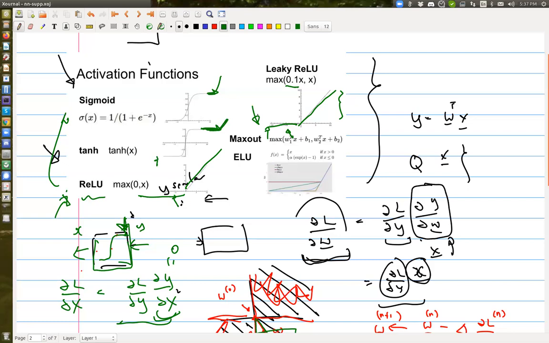I guess that is called PReLU, I'm not sure that's the correct way to pronounce it. Parameterized ReLU. And then you can also parameterize both ways, so I can have different slopes in both dimensions as well.